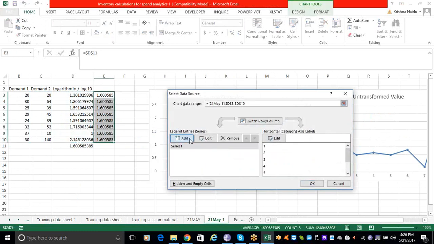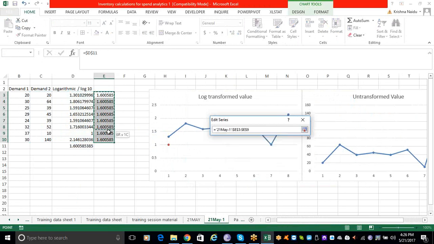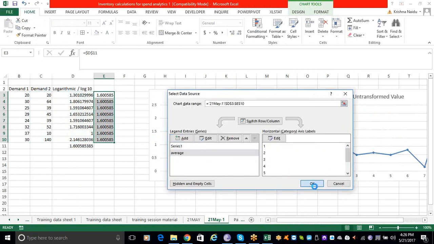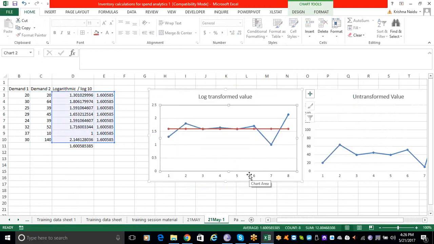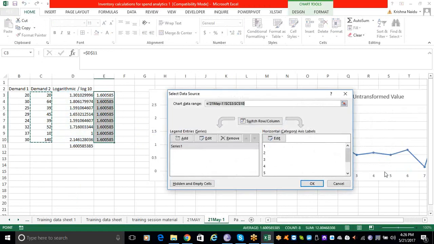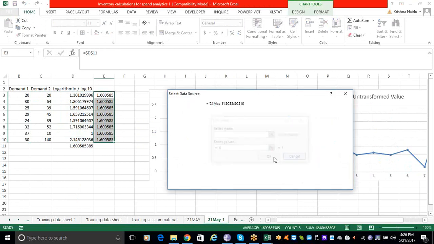I am going to insert the transformed average value inside the transformed data set. I'll do the same thing here also. The untransformed value also I'll put the average. I think we should take it from there.